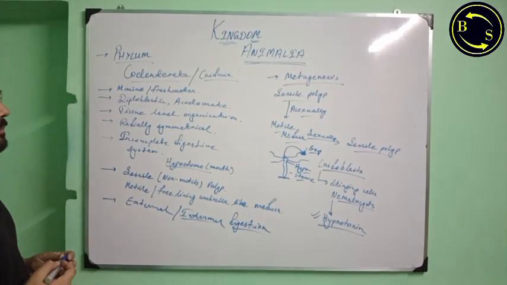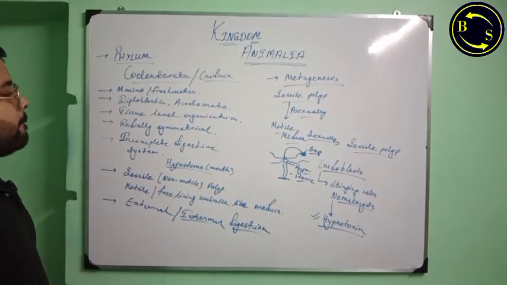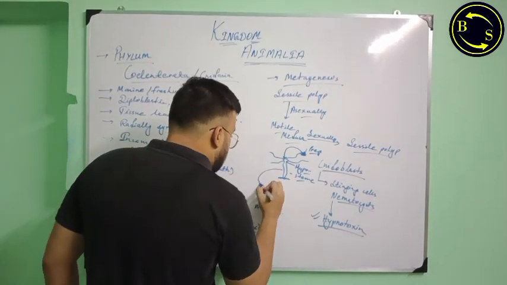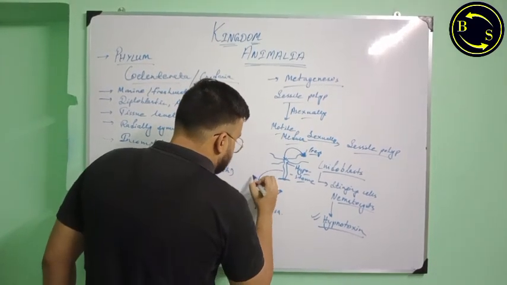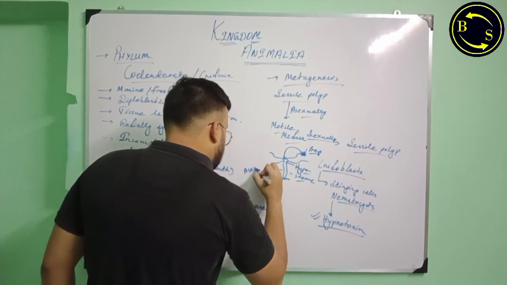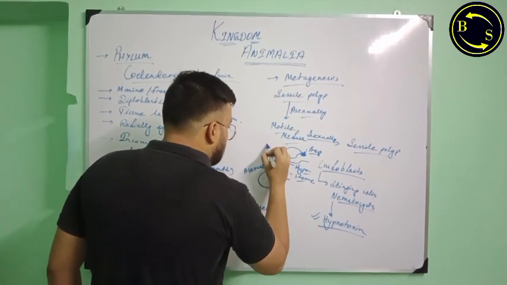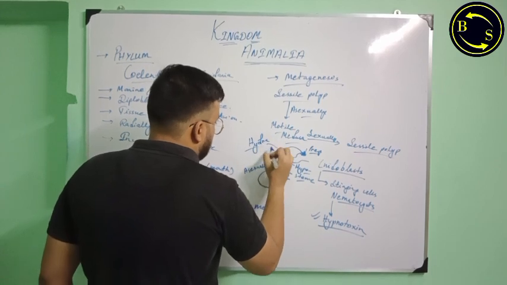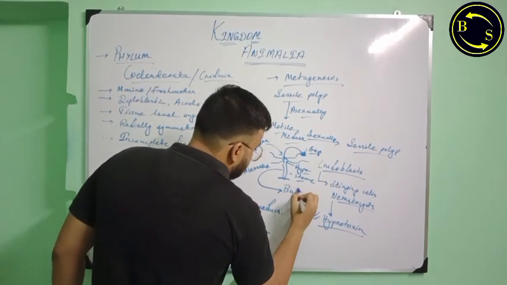Also, hydra can reproduce asexually through budding.